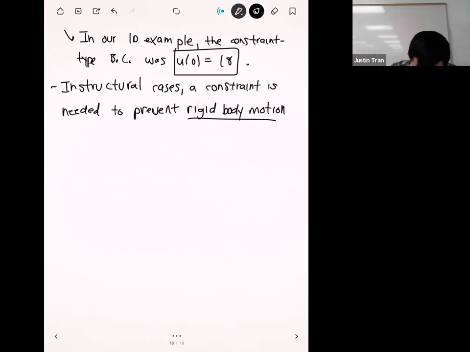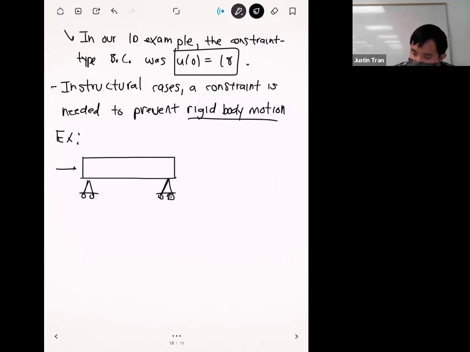You don't want it to start moving everywhere. Okay? And so let's show you just a quick example of what happens when you don't have one. Let's say that we have a beam, but this beam is not bolted down. And let's say that we have rollers on both sides. Okay. And so if we apply a force on this beam going this way, right, then as we can see here, the beam is going to start to move.